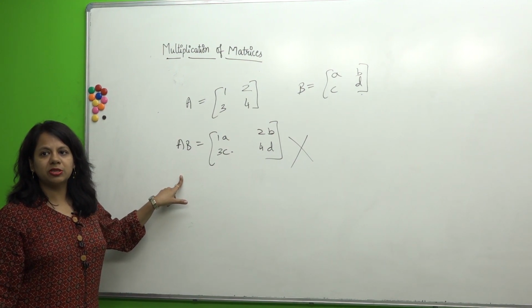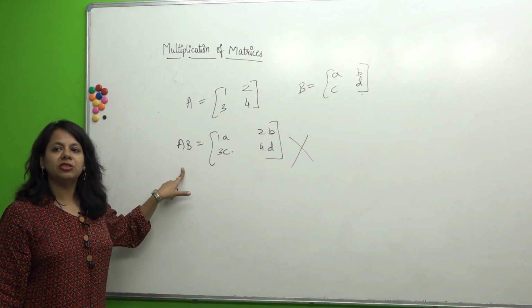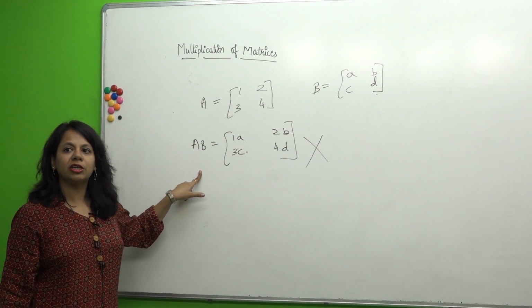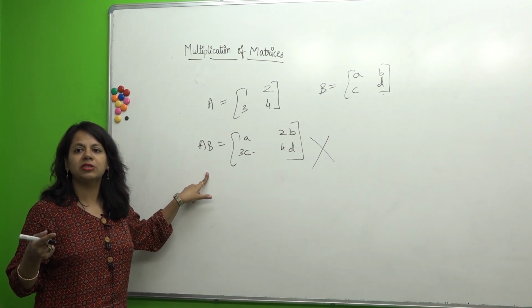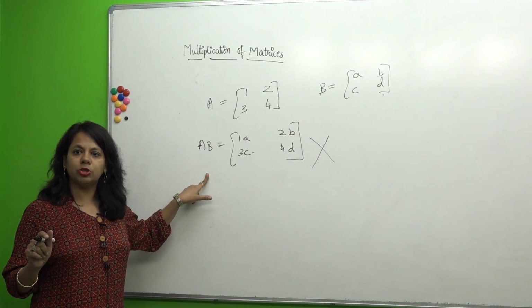Now to do matrix multiplication, there are certain rules that we have to follow. We cannot multiply all kinds of matrices also. To multiply also, there is a particular rule which we need to follow.